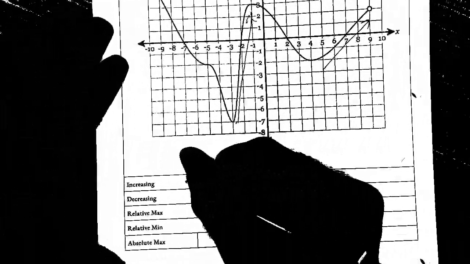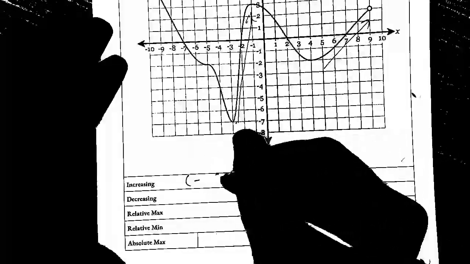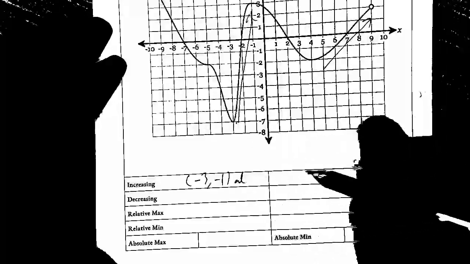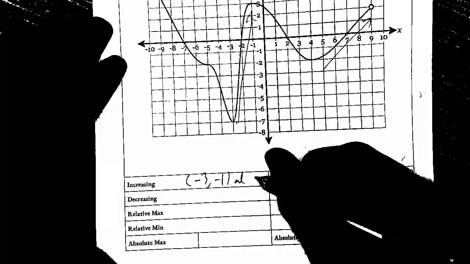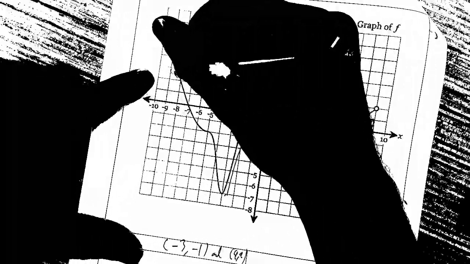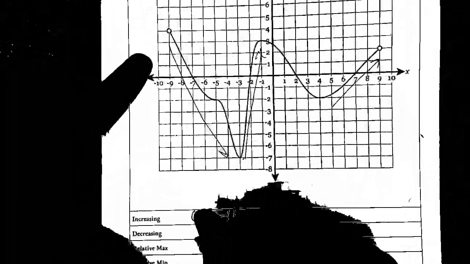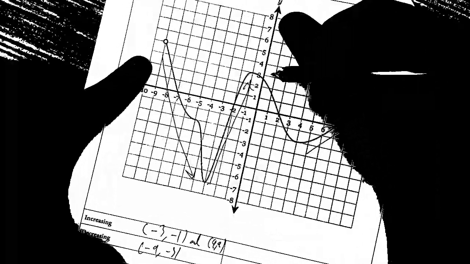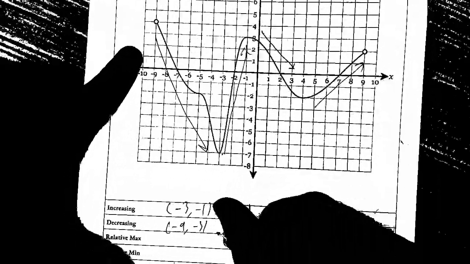So I'm going to say increasing from -3 to -1 and 4 to 9. It's decreasing from -9 to -3, and it's decreasing from -1 to 4.